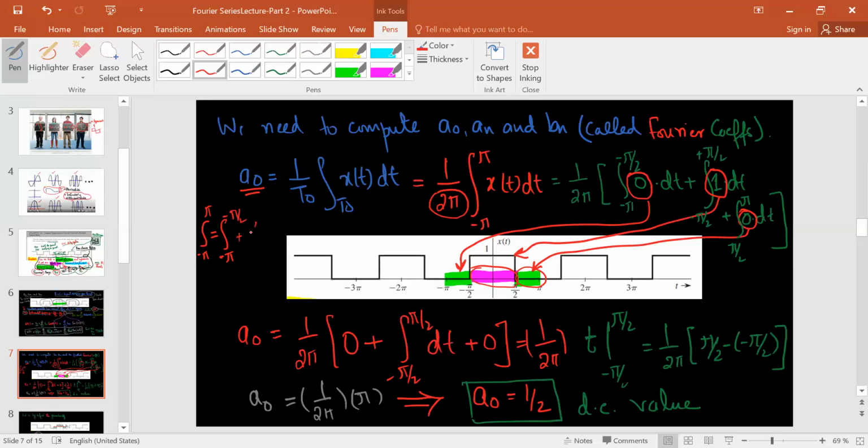Then another integral I got, which was going from minus pi by 2 to plus pi by 2. And the third one I got from plus pi by 2 to pi. So I have to break this integral, this whole big integral, and I put it as this one plus this one plus this one.